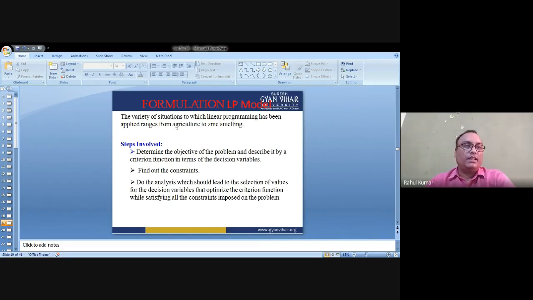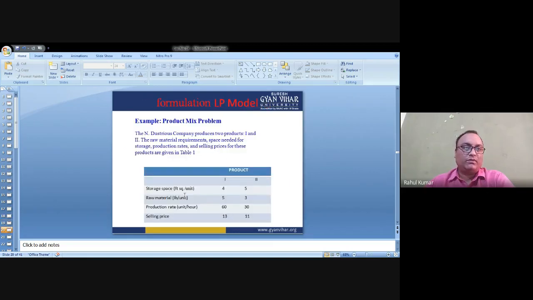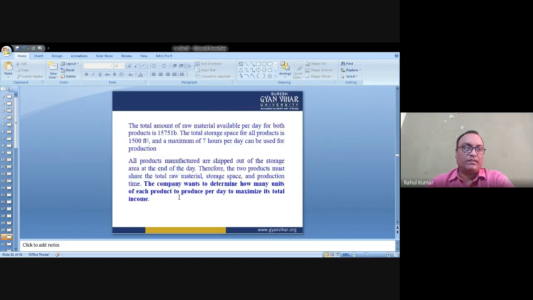The first step is to determine the objective of the problem and describe it by an objective function in terms of decision variables. All things are already completed, I think. So formulation of this.